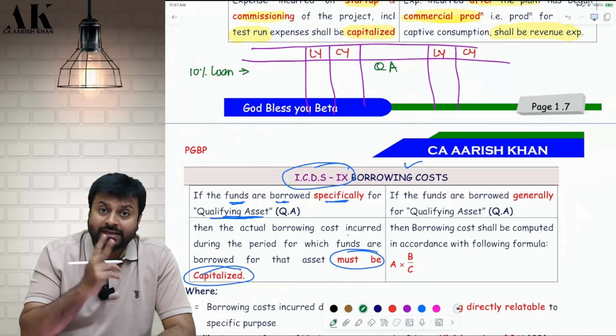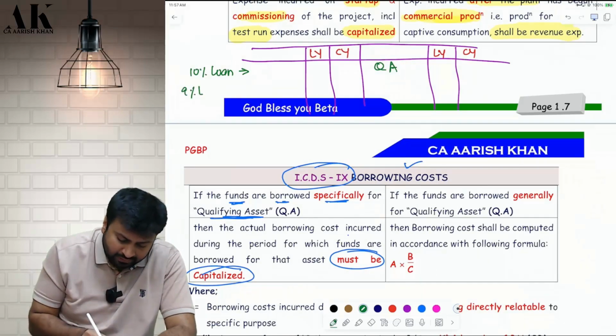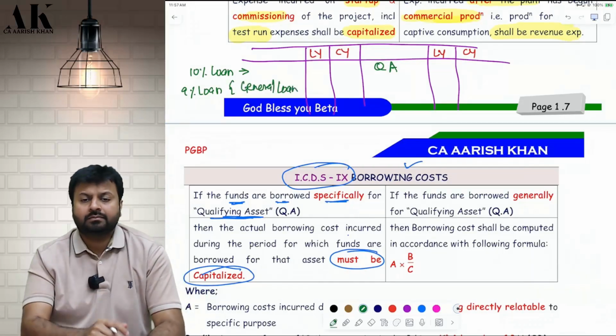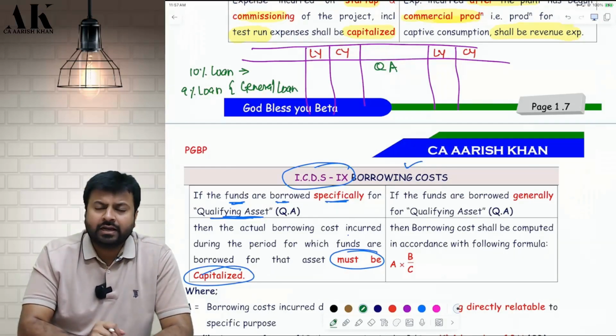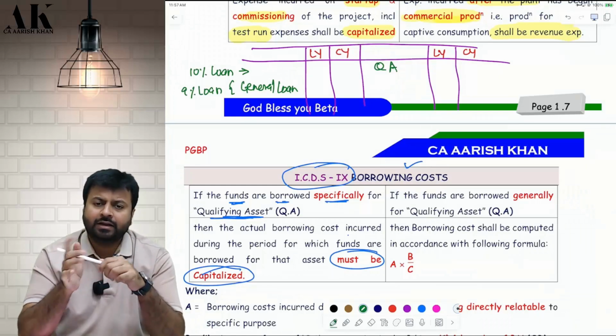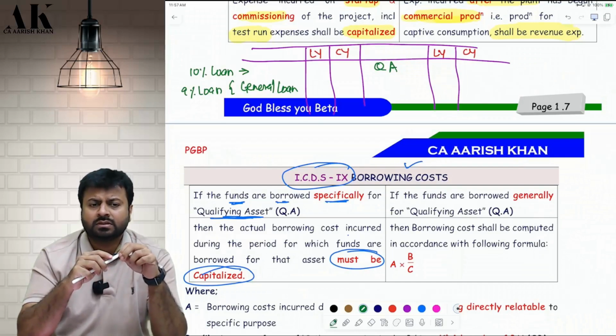But there can be a second kind of loan. 9% loan, for example. And now this loan is a general loan. Suppose I have taken a 9% interest loan of rupees 10 lakhs, general loan.